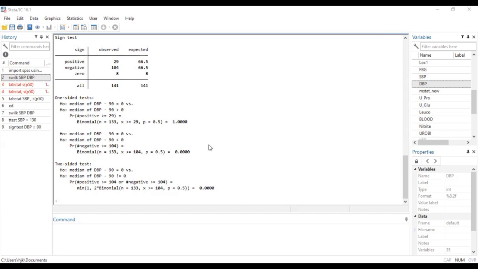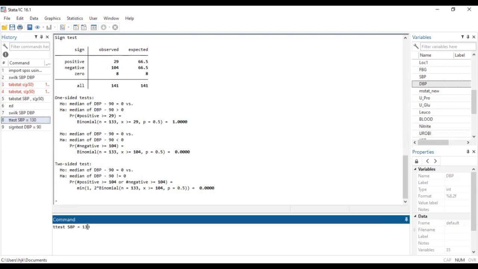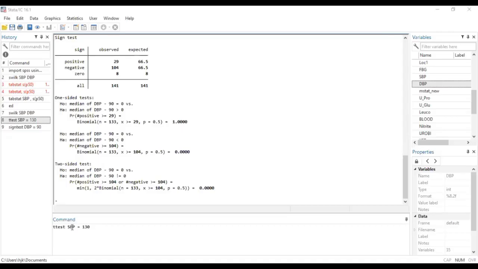So generally, this is how you can run one sample t-test using the STATA platform. First of all, you have to establish whether your variable is parametric or non-parametric. If it is parametric, you go ahead and run this code where you specify the variable and the hypothesized mean that you are comparing your sample mean to.